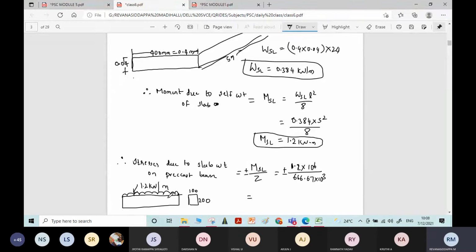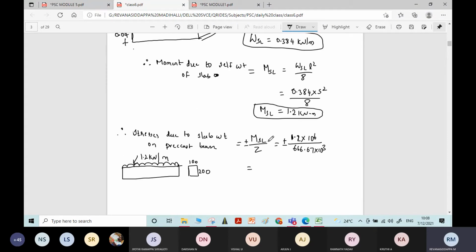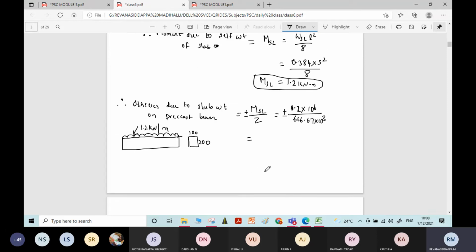Therefore, stresses on the beam will be the dead load moment of slab weight divided by section modulus. What is the answer? 1.8. Plus or minus 1.8 Newton per mm square. Okay.